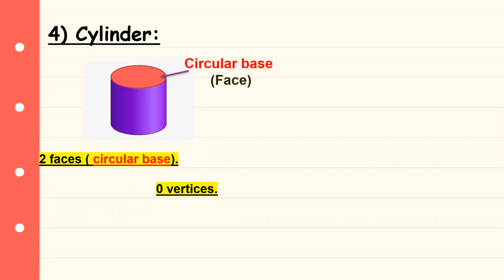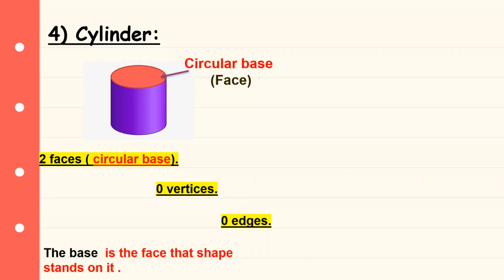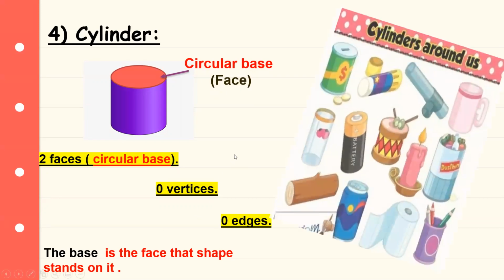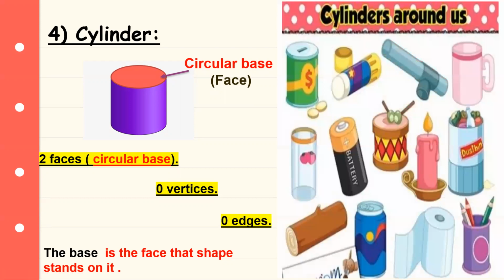Why? Because a vertex is a corner where edges meet. Do we have any edges here? No, 0 edges, so there are 0 vertices. Let's remember what is meant by base: the face that the shape stands on. And we have some cylinders around us, like the Pepsi can.